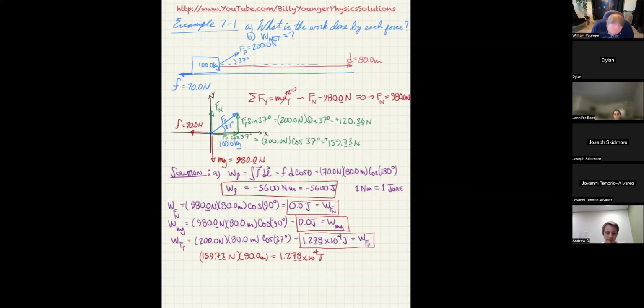Now, the next part, part B, they're asking for the total work done. So work net is equal to the work done by the normal force plus the work done by the mg plus the work done by the friction force plus the work done by the FP, the force due to the person.